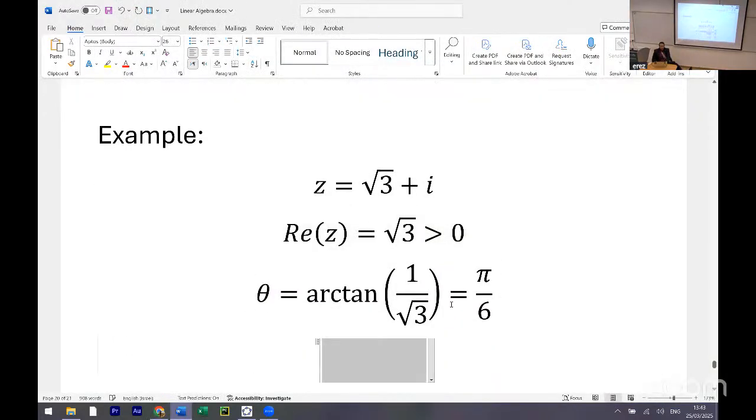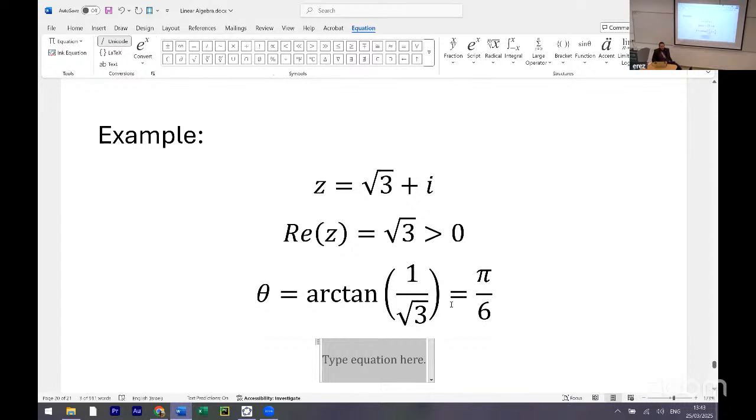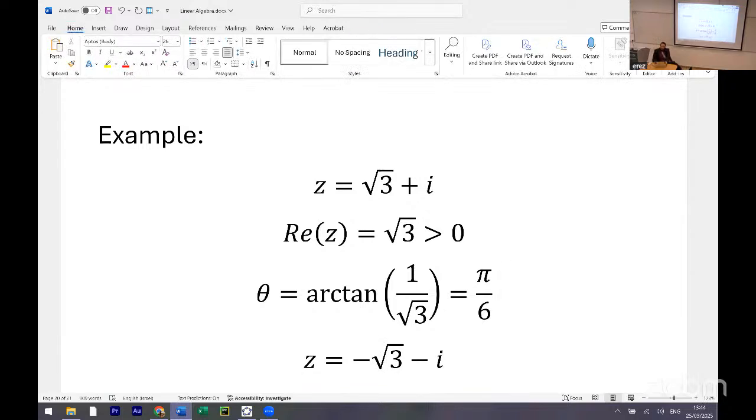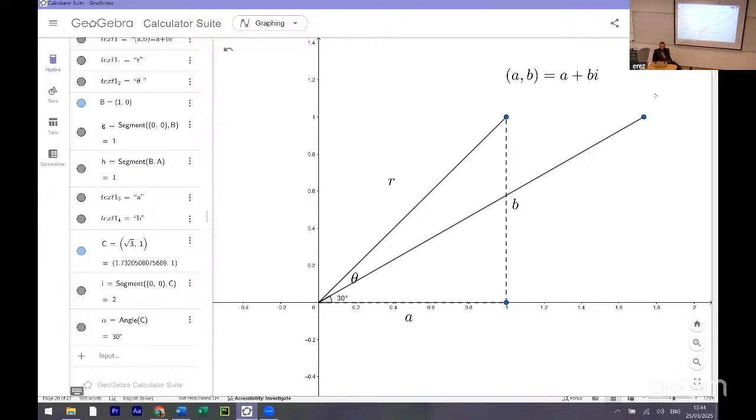Now, if the number was a negative complex number, meaning if z is minus the square root of 3 minus i, what do you expect the angle to be? Let's look at it for a second before we calculate it.